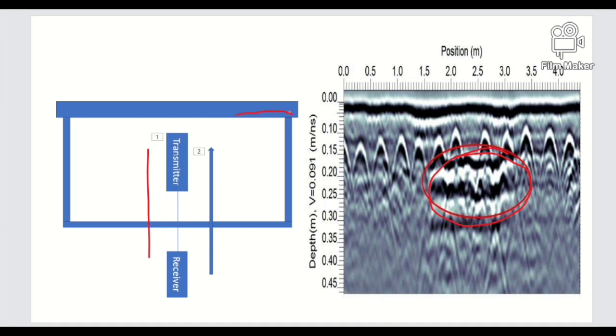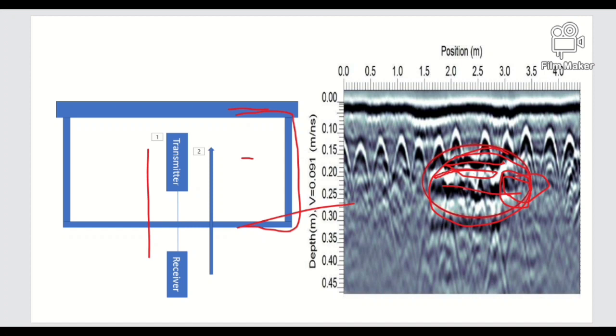Here the air gives this white type of band, and this gives this black band, and this gives this black band. So we cannot say there is any pipeline or any rock in the ground.